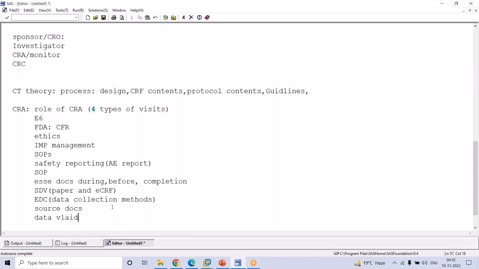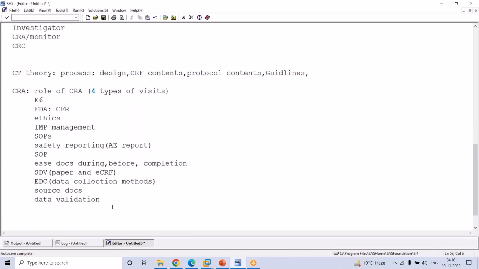So data validation by cross-checking with the source documents also explained. So this all will be covered: quality process, query process, validation.